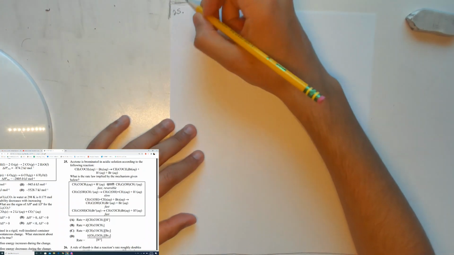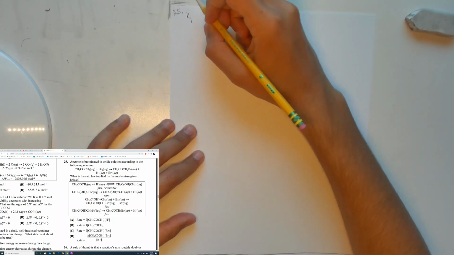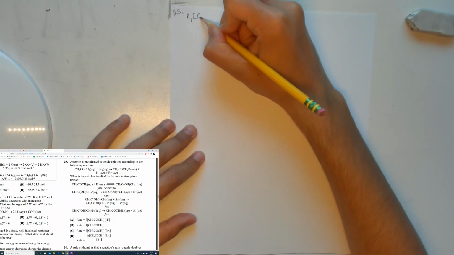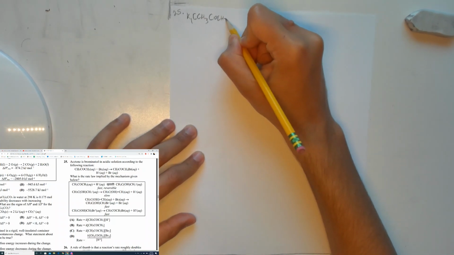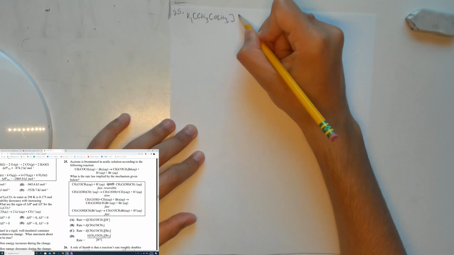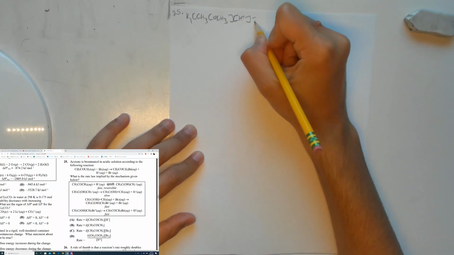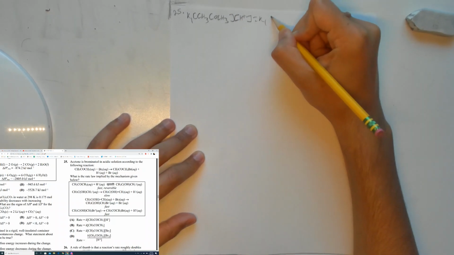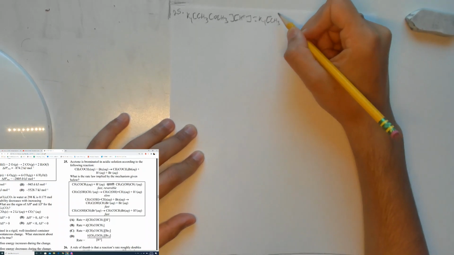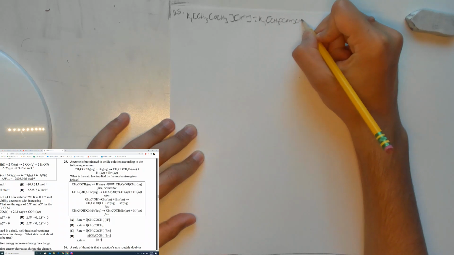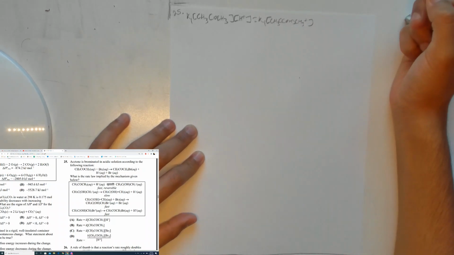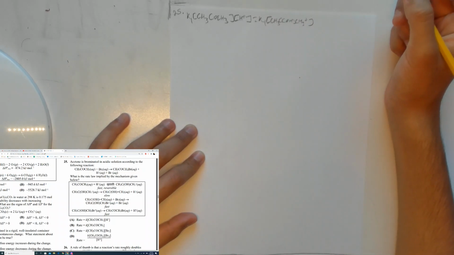So you write K1 times CH3COCH3 times H+ equals the reverse rate, K-1 times the protonated acetone, CH3C(OH)CH3+. Now we take a look at the slow step.